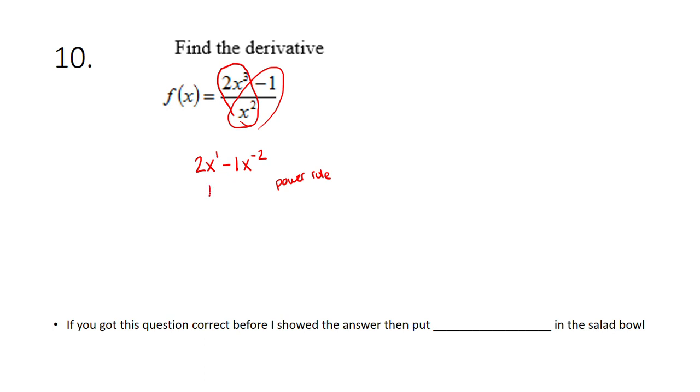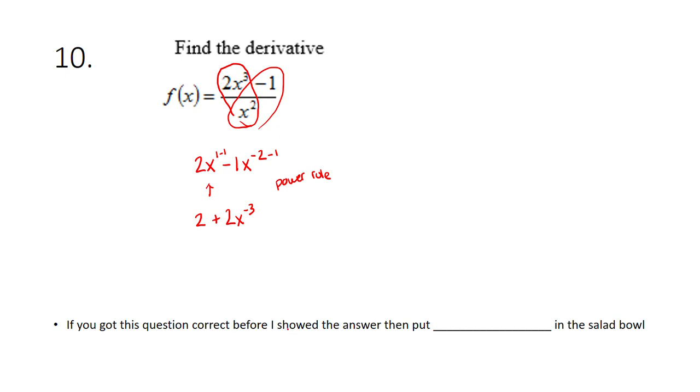So our first term, we're going to multiply our power times our coefficient, which is 2, and then we're going to subtract 1 from our exponent, which leaves me with just 2 for the first term. But then for the second term, if I multiply these two together, I get positive 2. Subtract 1, I get x to the negative 3 power.